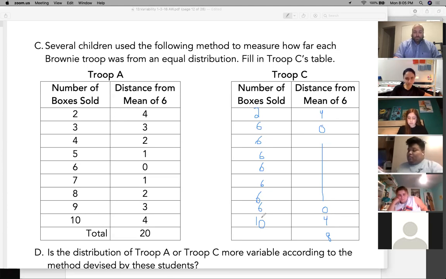So, is the distribution of Troop A or Troop C more variable according to the method devised by these students? The answer is A is more variable because its MAD is larger. The larger the mean absolute deviation, the more variable it is.